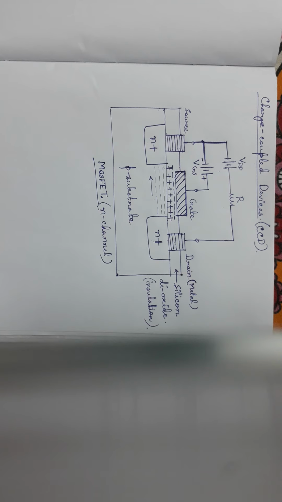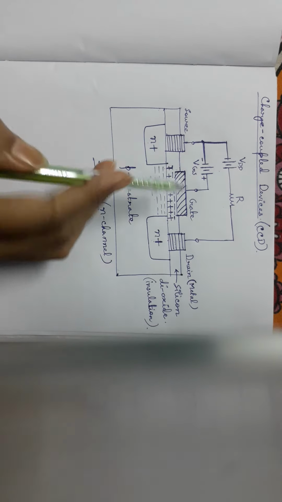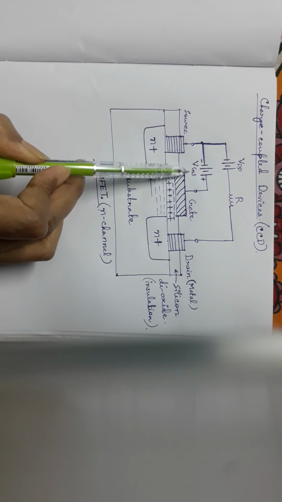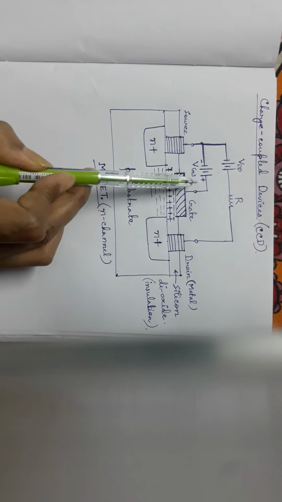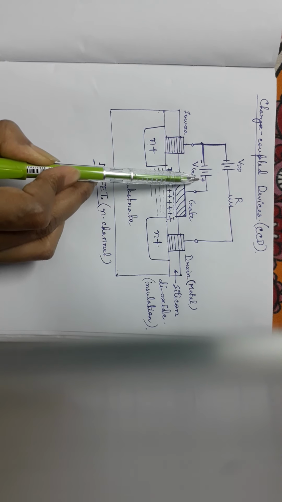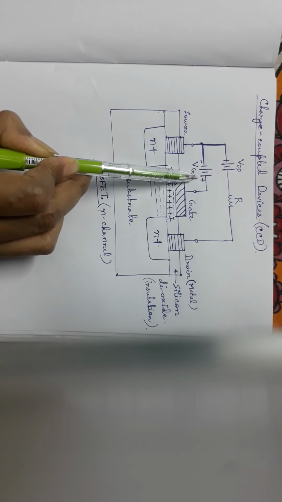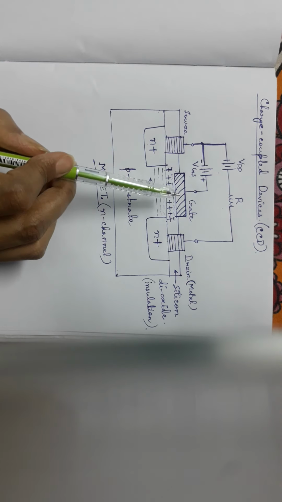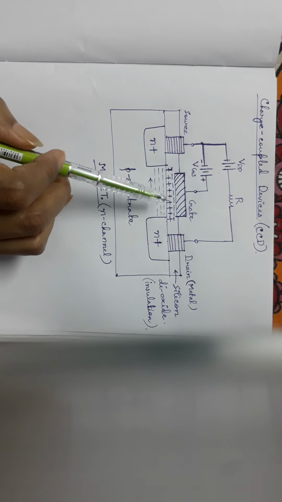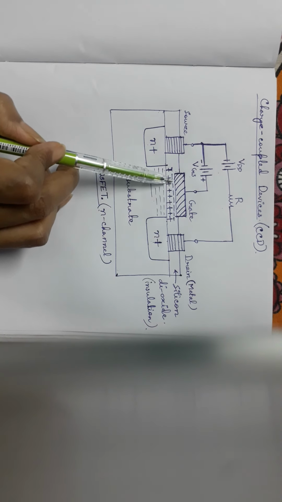Now when the gate is made positive with respect to the source by applying the voltage VGS, what will happen? As this terminal is positive, it will repel all the holes from the region beneath the gate.